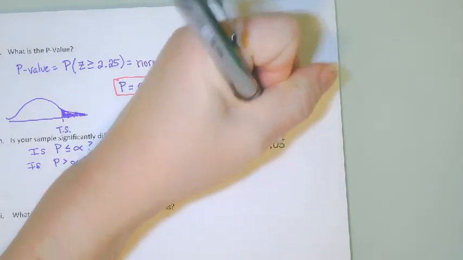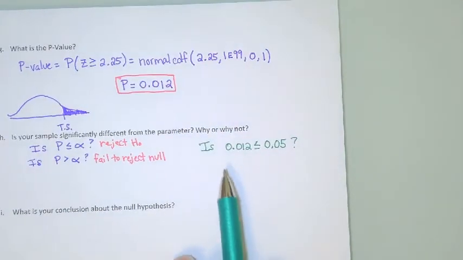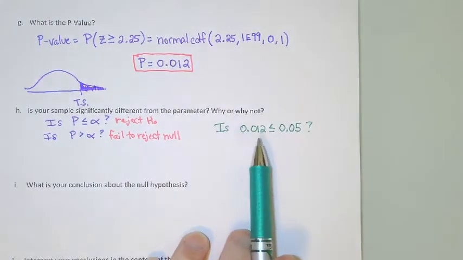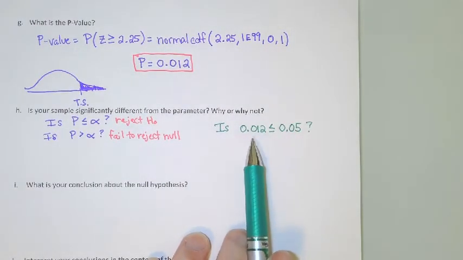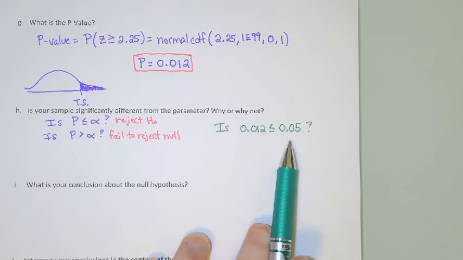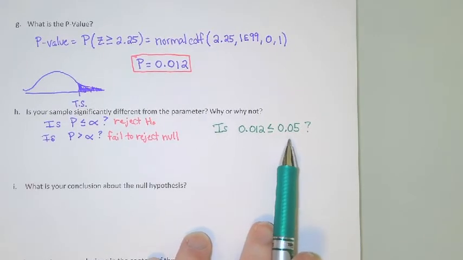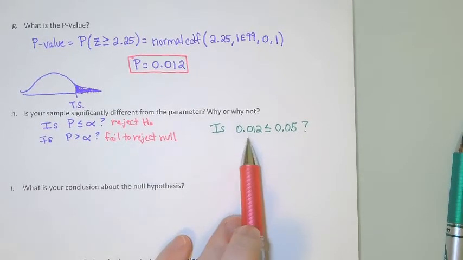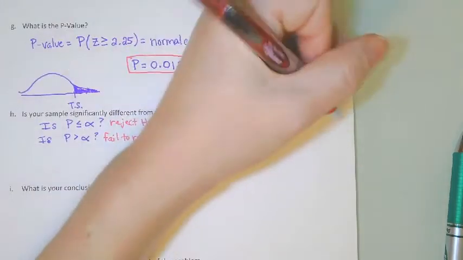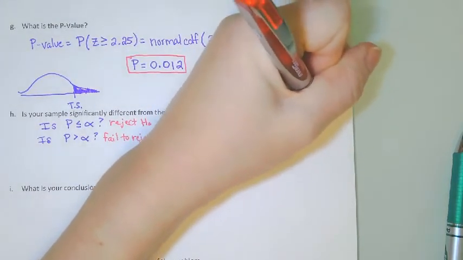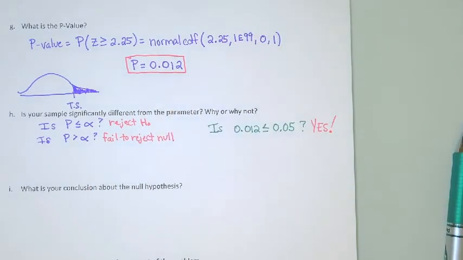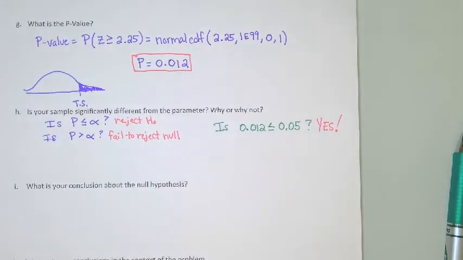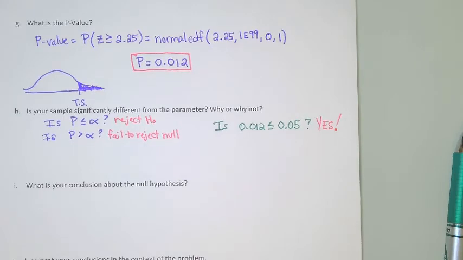So this is what I'm looking at right now to make my decision. Is our p-value 0.012 less than the level of significance 0.05? And it is. And so that helps us answer this question about whether our sample is significantly different from the parameter.